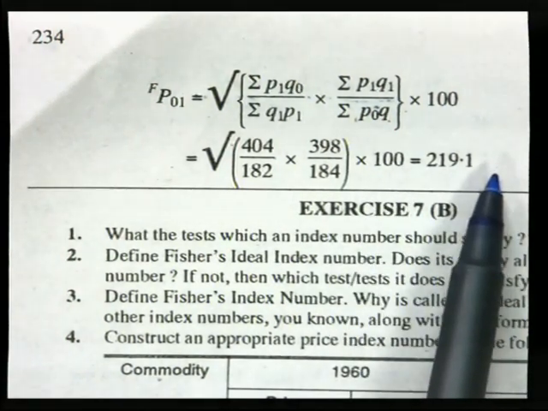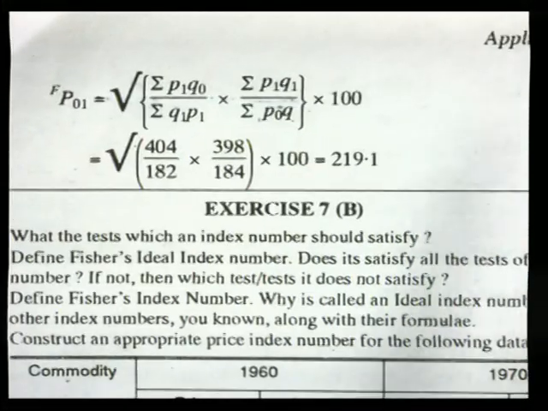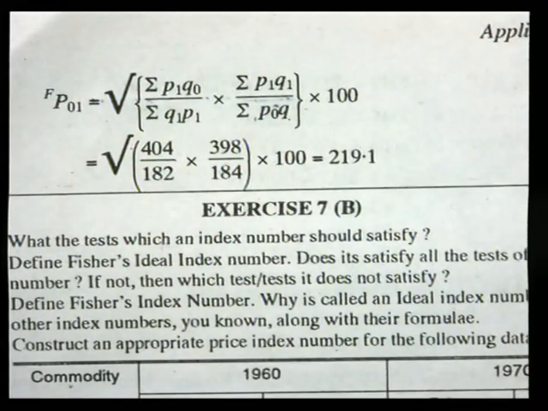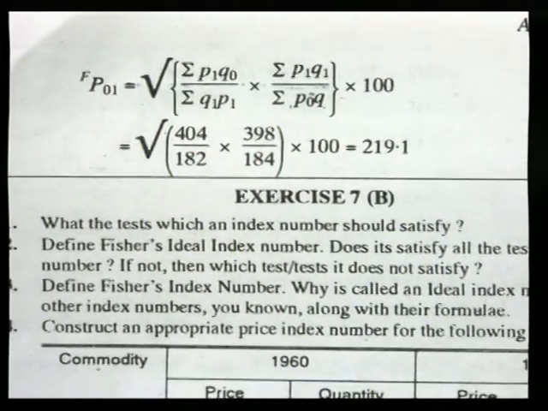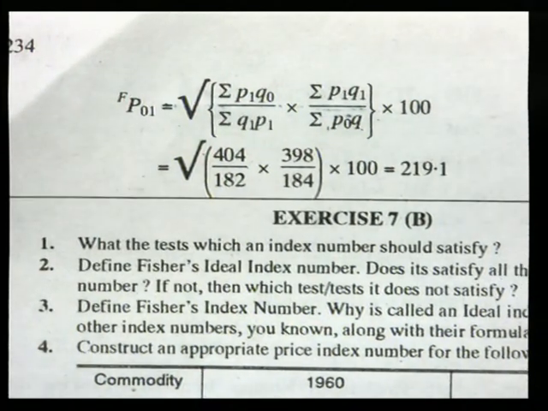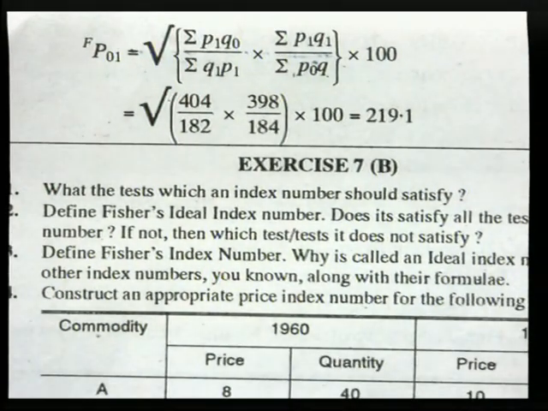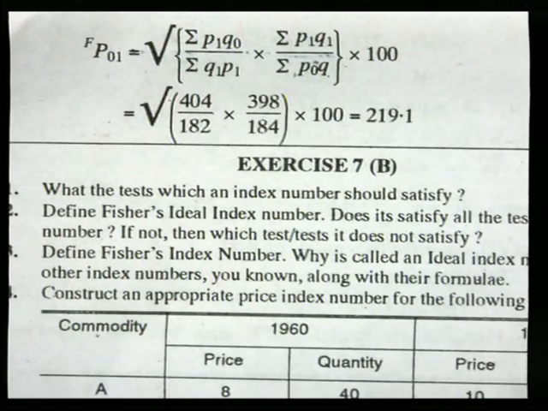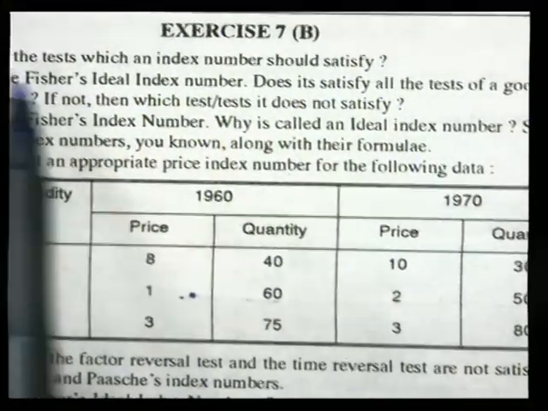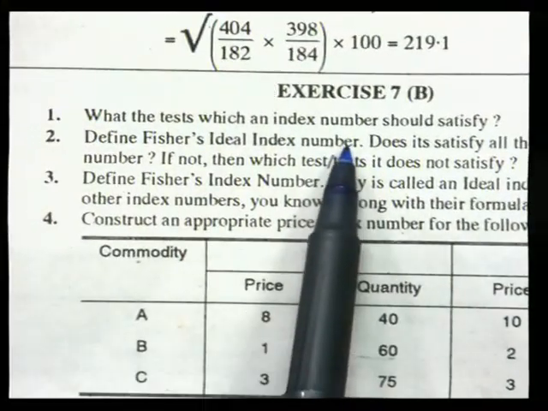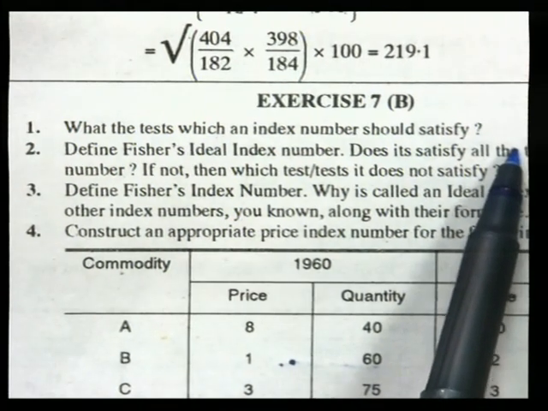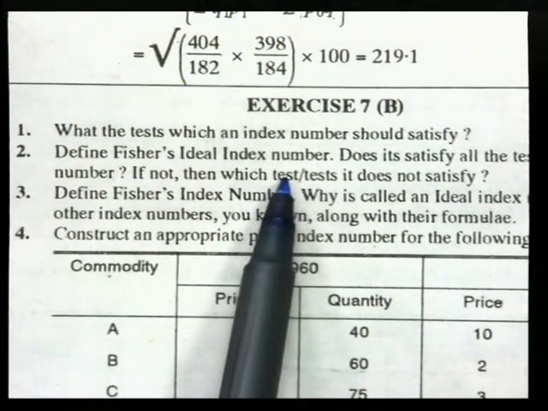So it will be 219.1. And hence, friends, in this way we can understand the various topics of index numbers, the tests which an index number should satisfy. We have to define Fisher's ideal index number.